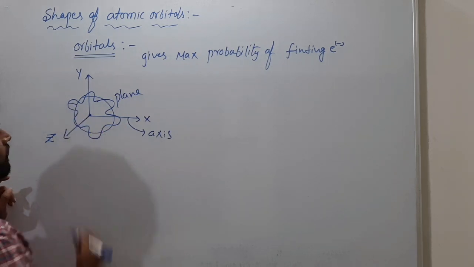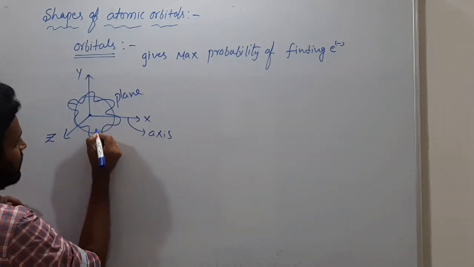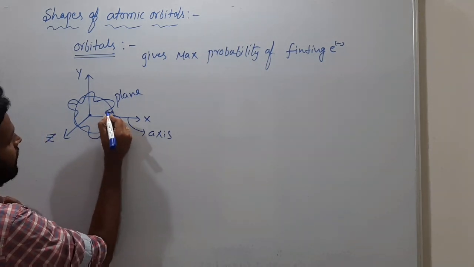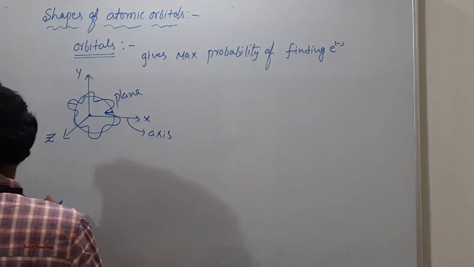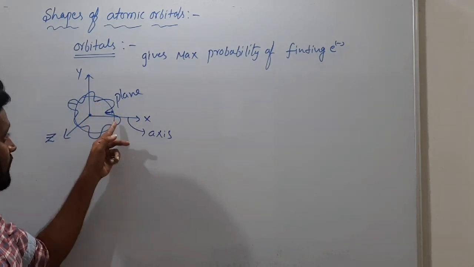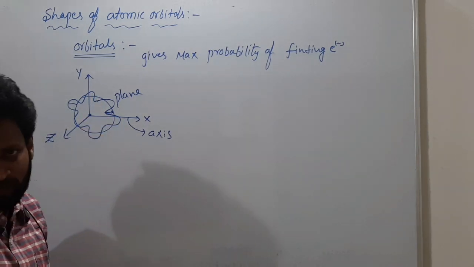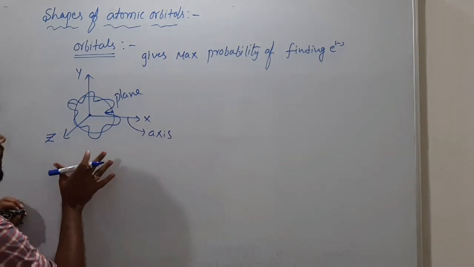This height gives the probability of finding the electron, and this depth also gives the probability of finding the electron. So the electron has 2 probabilities: one is on an axis, and one is between 2 axes, which is called a plane. Understood? This is about what an orbital means.